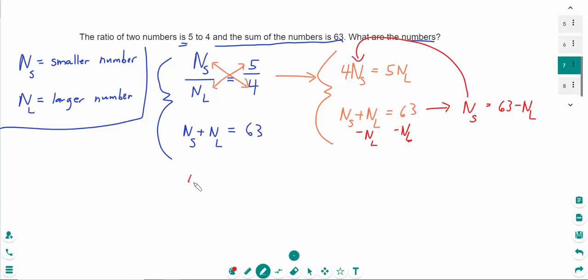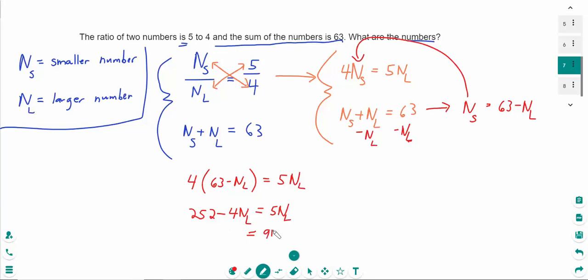So the top equation then becomes 4 times n sub s, which we now know is 63 minus n sub l, equals 5 times n sub l. All right, then we can use some multiplication here to distribute this through, and we end up with 252, I believe, minus 4n sub l equals 5n sub l. And then just to keep positive coefficients going here, we'll just move the negative 4n sub l over to the other side by adding it to both sides.